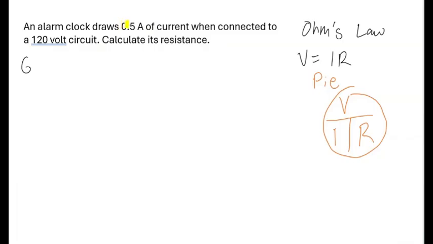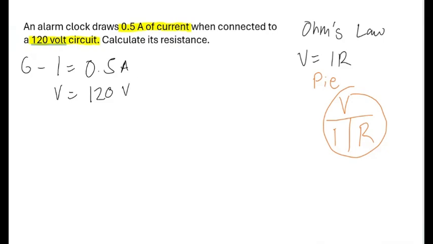So let's have our given. We have two givens: one is the current, two is the voltage. The given current is 0.5 amperes, where A is for ampere, and the voltage is 120 volts.